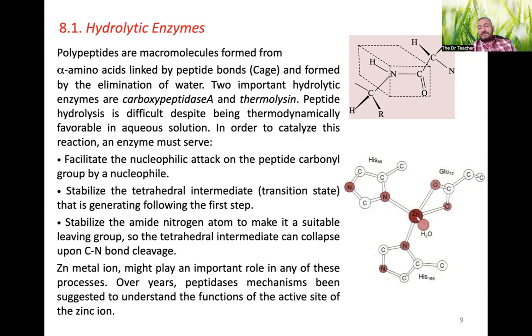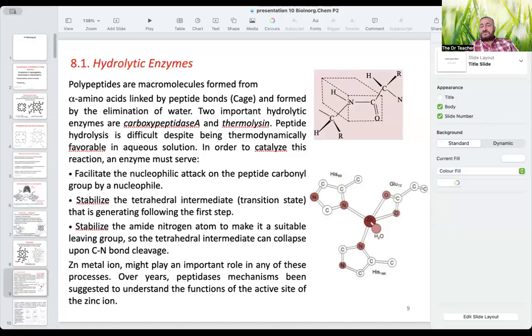So now you can see here to the right side, we have zinc metal bonded to two nitrogens and two oxygens. And there is a water group. These two oxygens are from the glutamic acid.